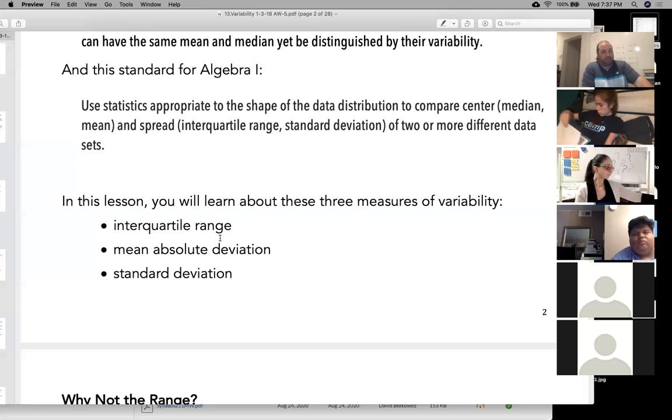The mean goes with what? The mean goes with the standard deviation.